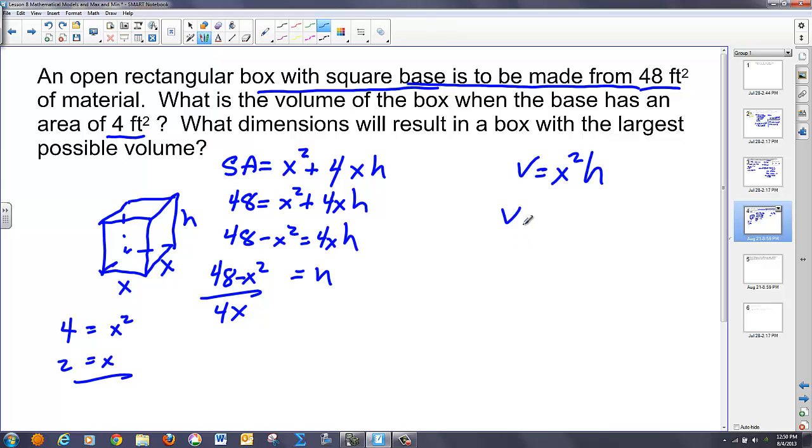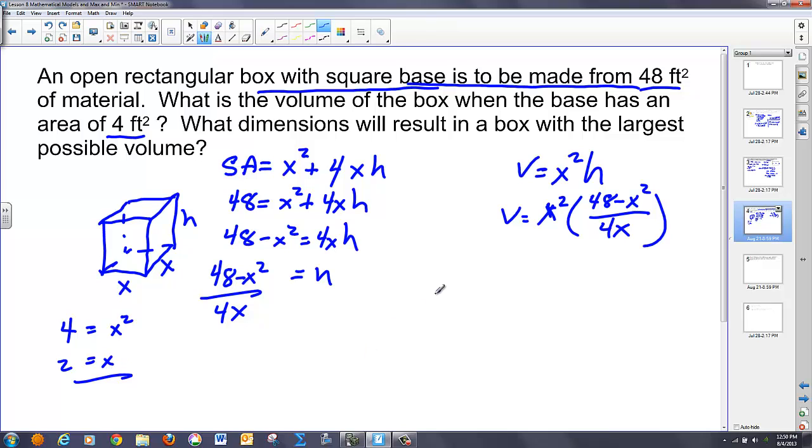Therefore, my volume is x squared, since that's first, times 48 minus x squared over 4x.